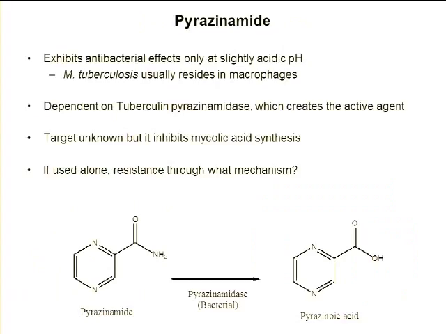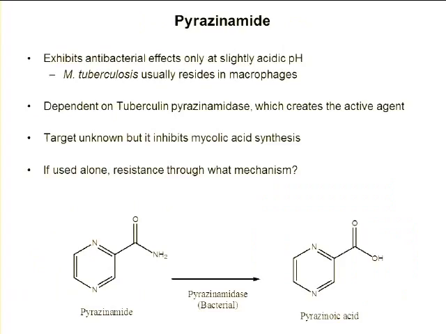Okay. Pyrazinamide is, I believe, the last of those RIPE drugs. We've covered isoniazid, rifampin, ethambutol, and now pyrazinamide. Pyrazinamide exhibits antibacterial effects at a slightly acidic pH, and the tuberculosis bug usually resides in macrophages, which happen to have a slightly acidic pH.